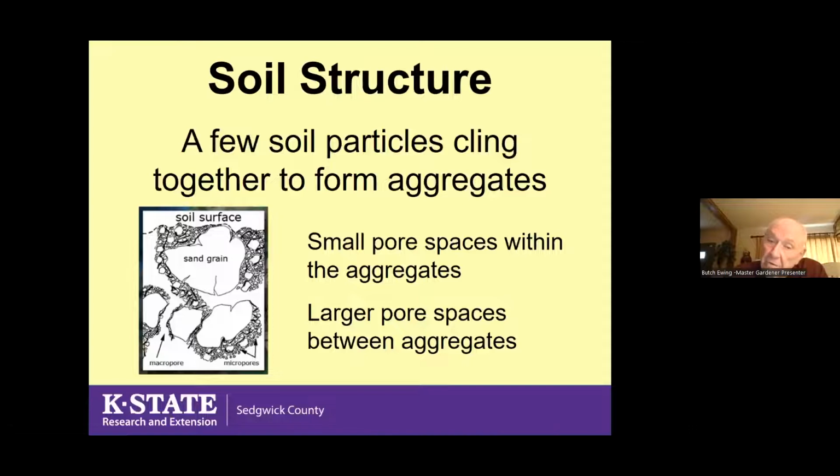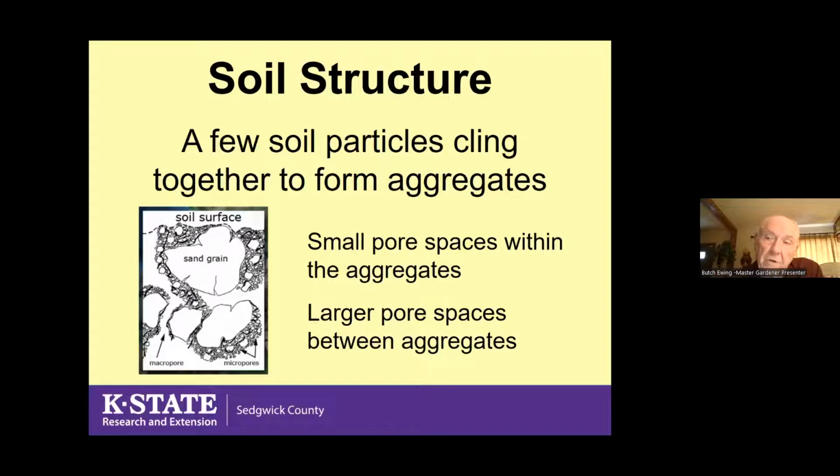When these aggregates start forming, where all the small particles make up the aggregate, inside that aggregate there are small spaces between those particles. So we're creating a lot of small pore spaces in our soil.